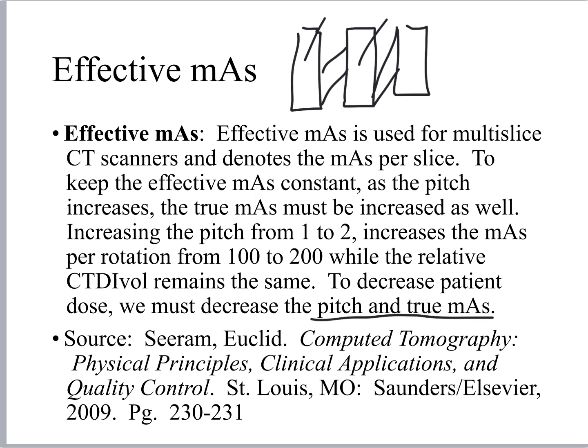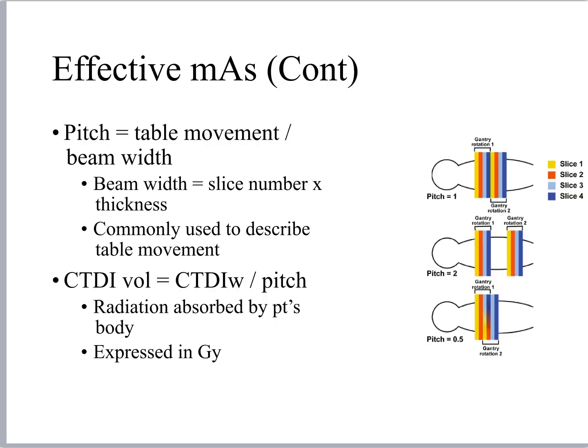So I'm saying, in terms of what we need to know about effective mass, just understand that mass is related not just to boiling off electrons and them striking the anode in CT. In the world of CT, it also has to do with how quickly the table's moving through the scanner. They are interrelated. So I wanted to make this as simple as possible.